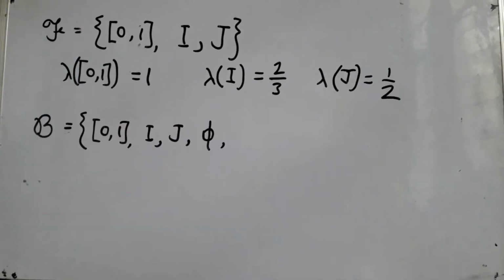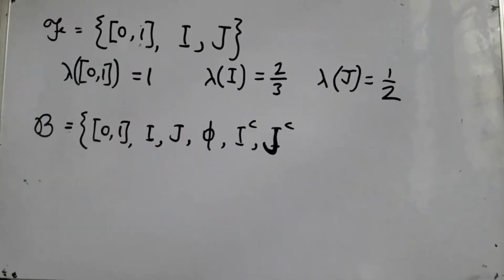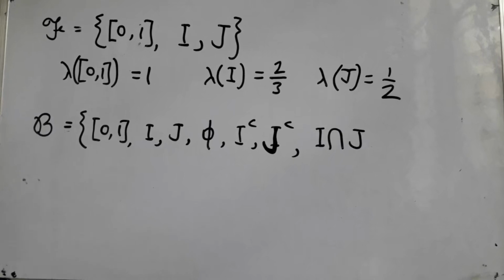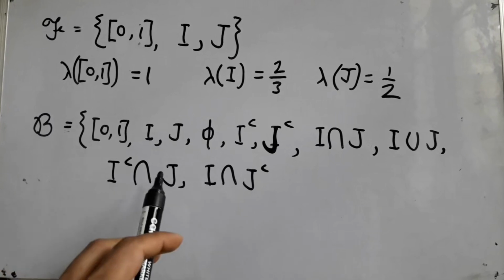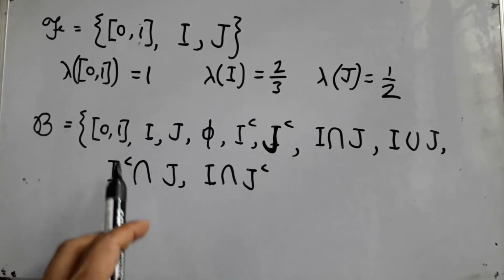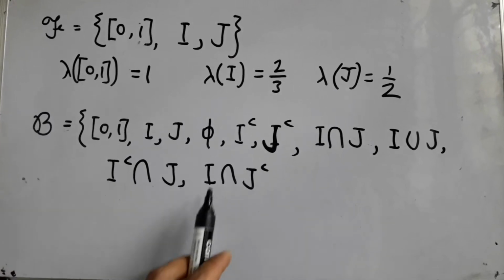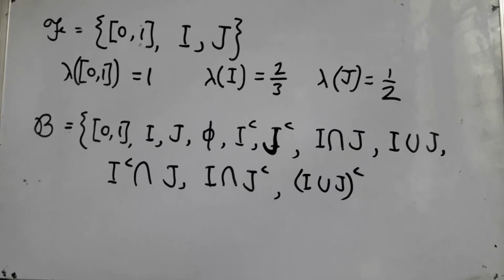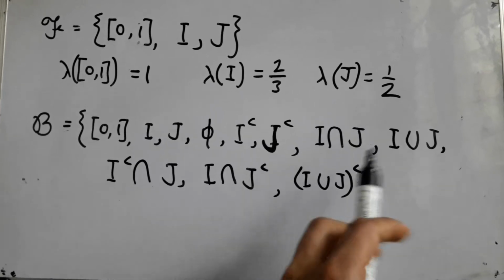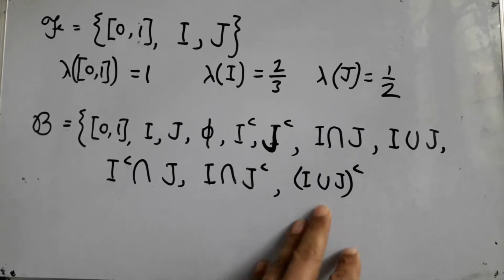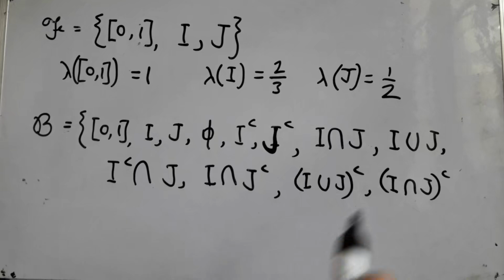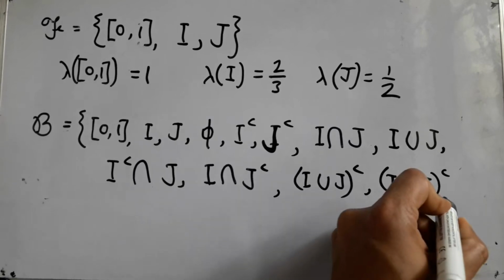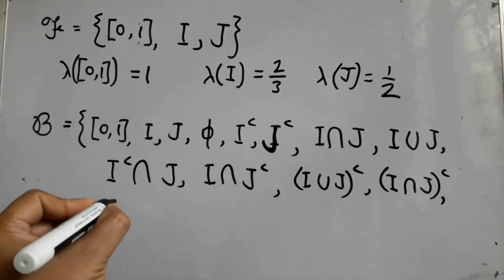I have I complement, j complement, I intersection j, I union j, I complement intersection j, I intersection j complement, then I union j whole complement. Of course, you can also write it as I complement intersection j complement, I intersection j whole complement, and there will be a few more.